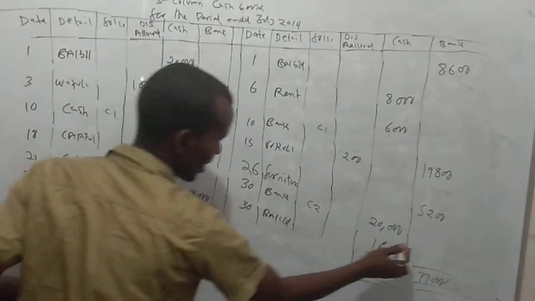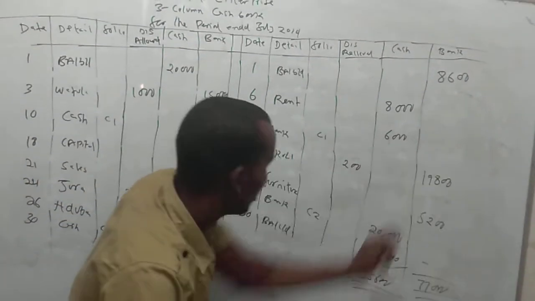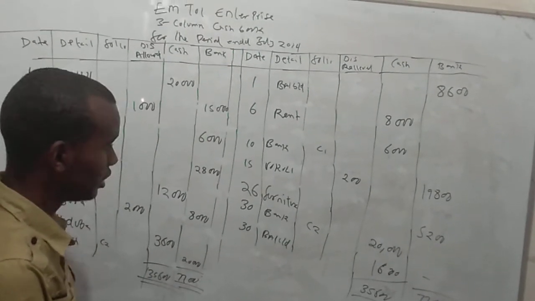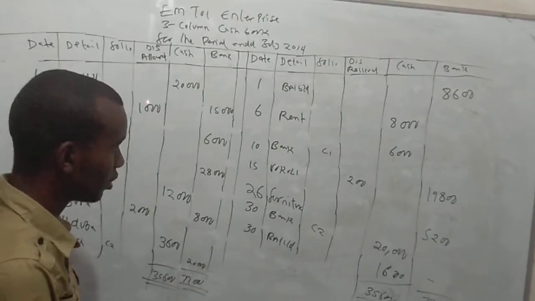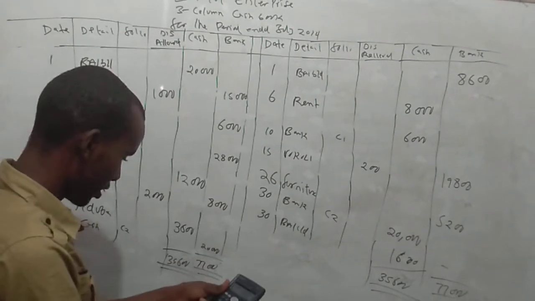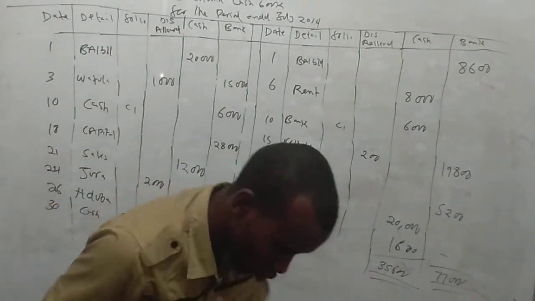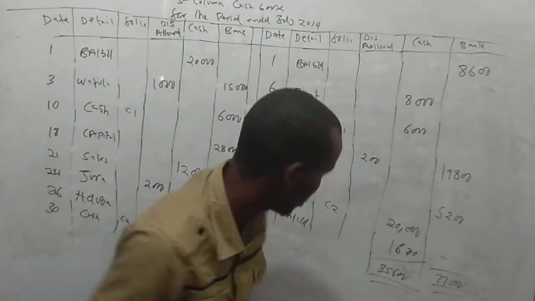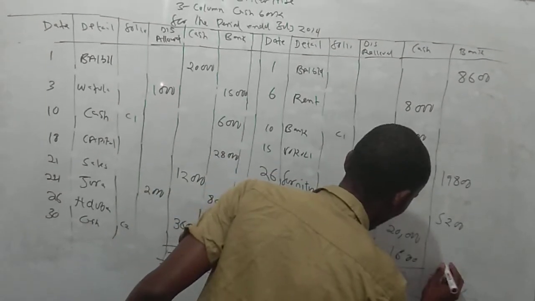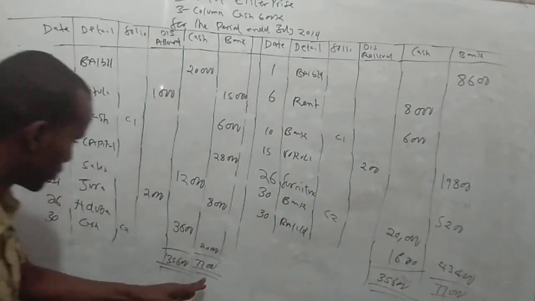Now we determine the balance carried down for bank by summing up 5,200, 19,800 plus 8,600, coming to 33,600. We subtract this from 77,000. I'm getting 43,400. So balance carried down here is 43,400.